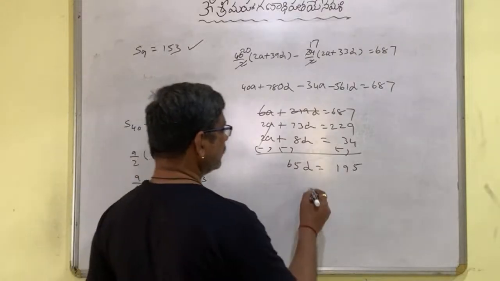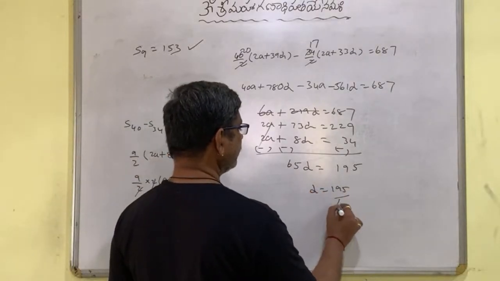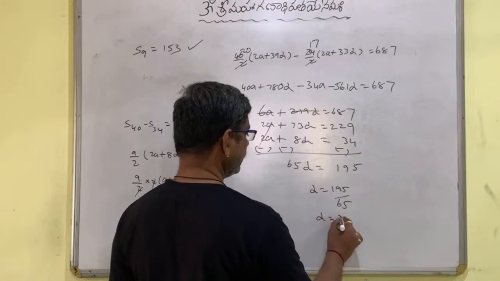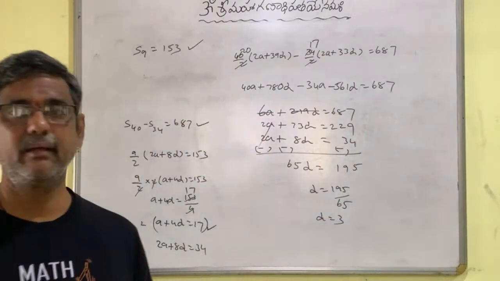Then d is equal to 195 by 65, which is 3. d is 3.